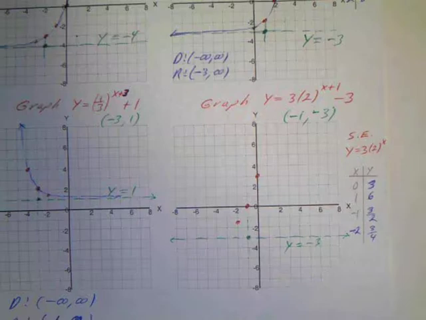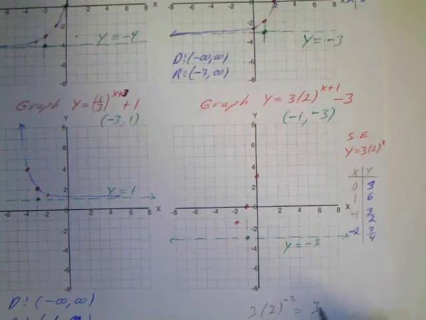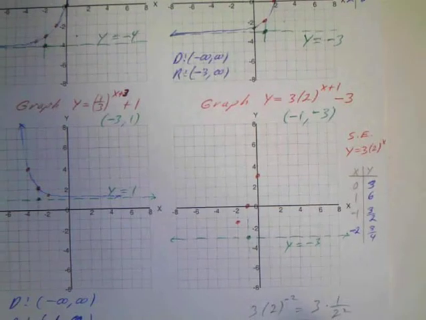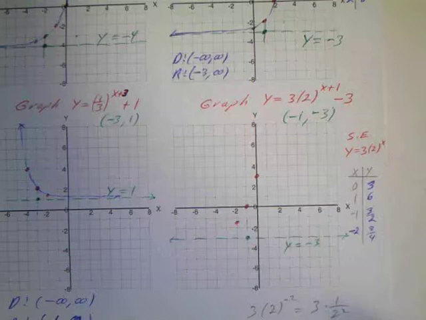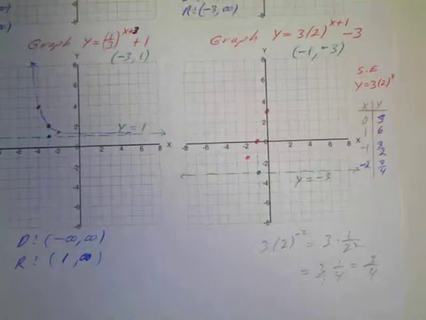I guess I could write that down here. It might be a little complicated. 3 times 2 to the -2 is the same thing as 3 times 1 over 2 squared, which is the same thing as 3 times 1/4. That's 3 over 1 times 1 over 4, which is 3/4. There you can see my arithmetic there, I hope.